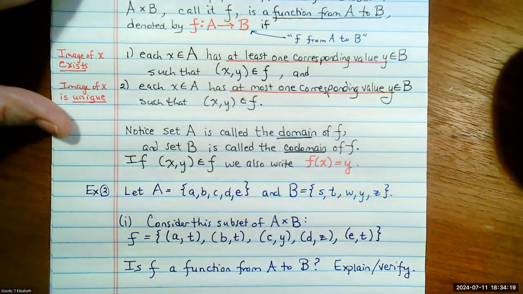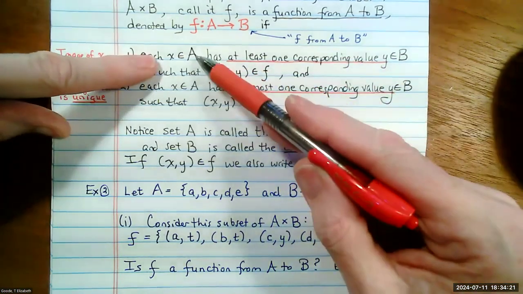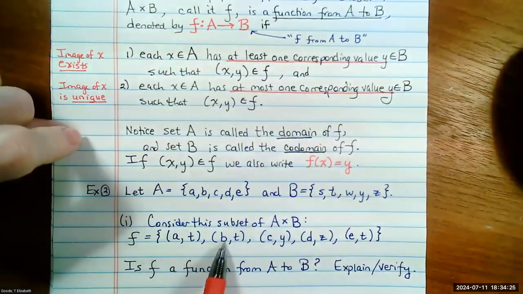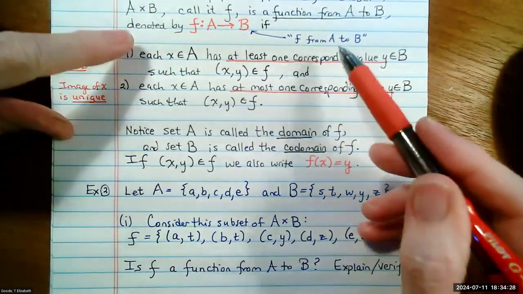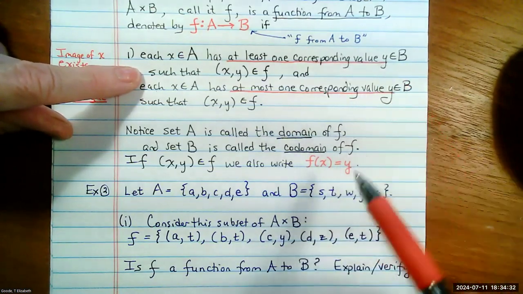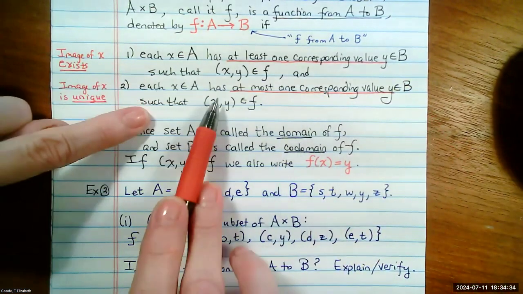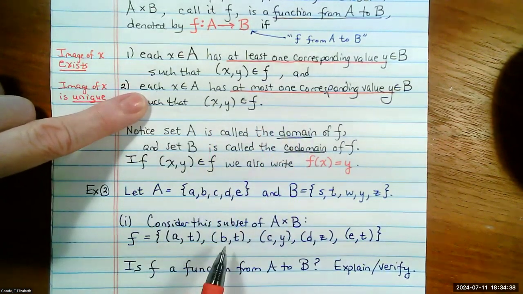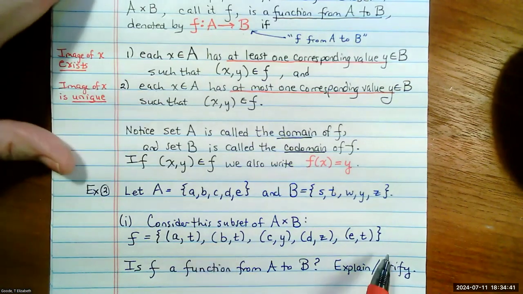So what are we checking? We're checking that each x in A, because the first coordinates are coming from set A, has at least one corresponding y value from B, and that each x in A has at most one corresponding y value from B.